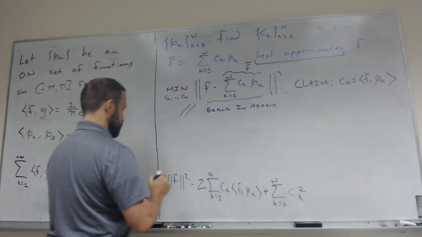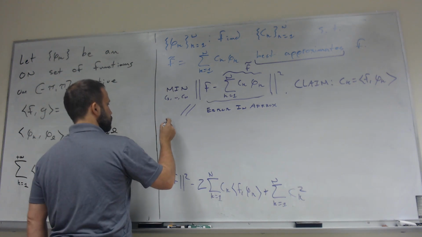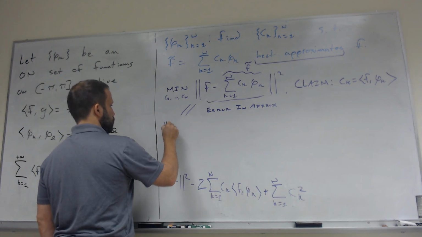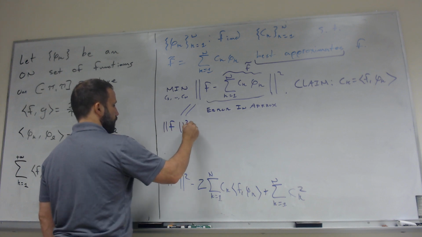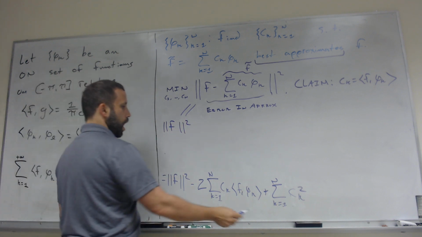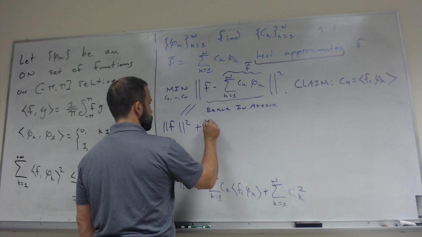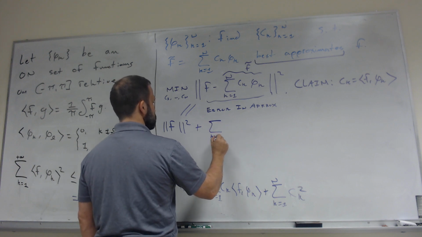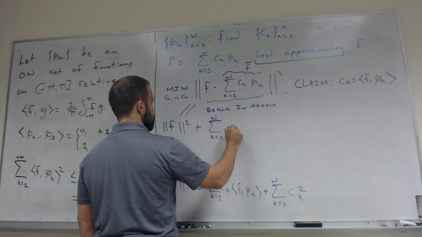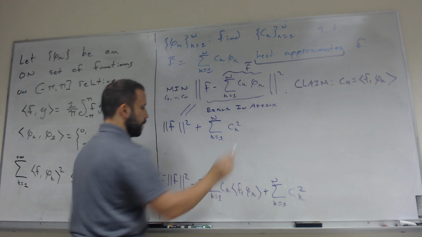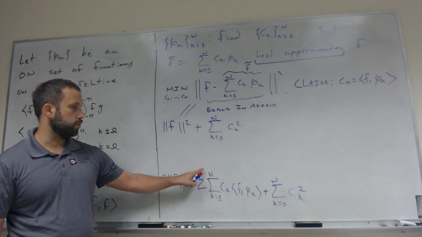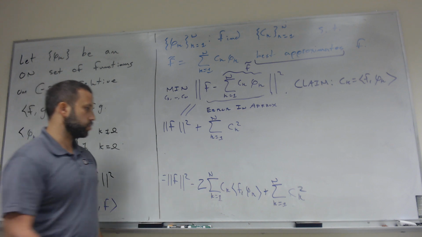So this is equal to the norm of f squared. I'm going to write this first, plus the sum k equals 1 to n of c_k squared. And notice this sum is also going from k equals 1 to n, so I can just combine this into one sum.